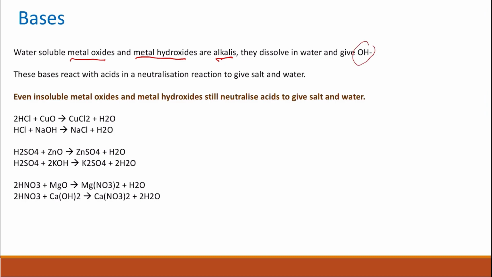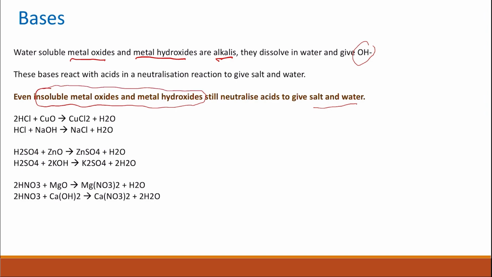These bases will react with acids in a neutralization reaction to give you salt and water. Even insoluble metal oxides and metal hydroxides will still neutralize the acid to give you salt and water. However, insoluble metal oxides and metal hydroxides are not considered to be alkalis.